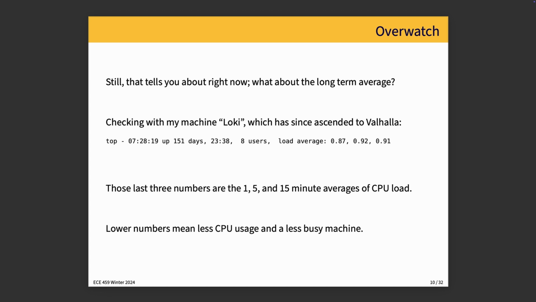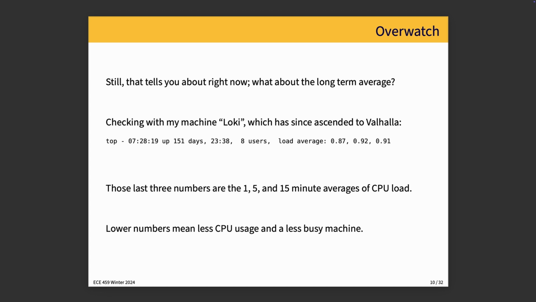So if you ask using the table of processes tool top here in Linux, this is checking in with a machine that I used to have in my office that was named Loki, which is no longer working, but that's fine. These things only live so long. So it said up 151 days, 23 hours, 38 minutes, 8 users, load average 0.87, 0.92, 0.91.